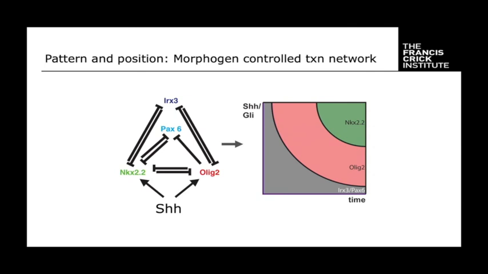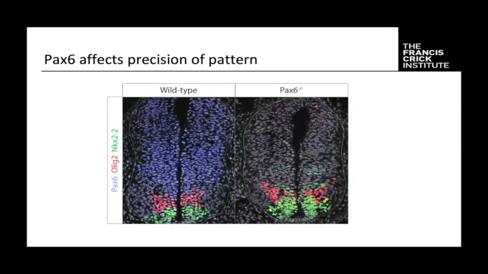But what we noticed when we looked back at experimental data is that there was something else going on as well. If we look back at the PAX6 mutant, I already showed you that in the PAX6 mutant, NKX22 expression is expanded dorsally. So compared to wild-type animals, you see the domain of NKX22 is broader.